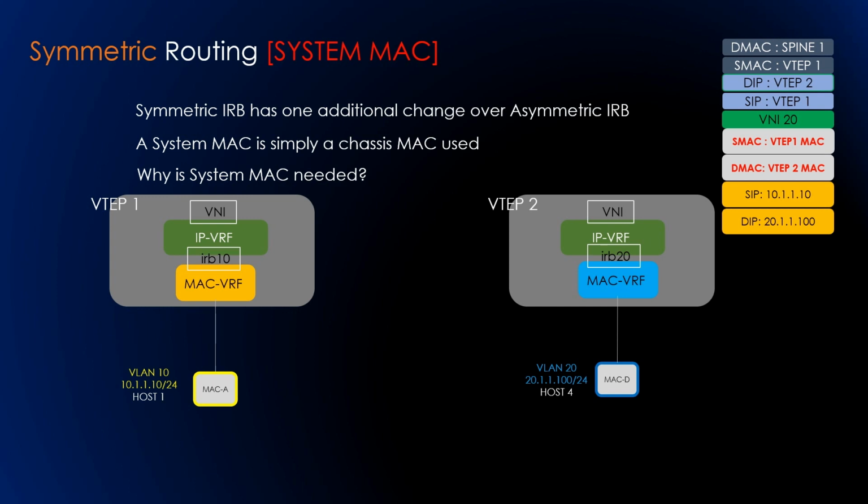In symmetric IRB, the source leaf is routing to another IP VRF, not a MAC VRF. This means that the IP VRF does not know the MAC address of the destination host. So in symmetric, the layer 3 subnet and the IRB interface corresponding to the MAC VRF are required to be provisioned at the leaf or the PE only if the PE or the leaf has a locally attached host in that subnet.